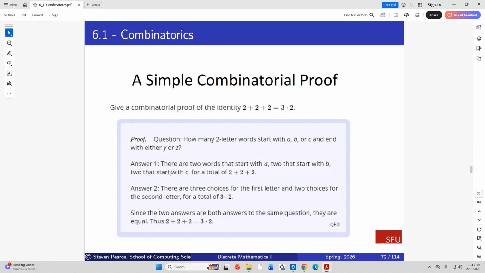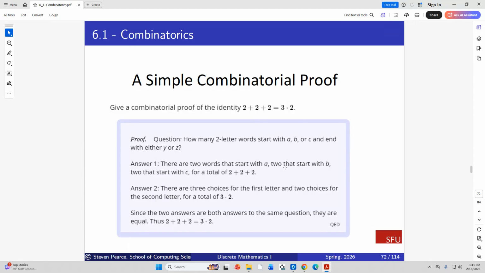Answer, there are two words that start with A, two that start with B, two that start with C for a total of 2 plus 2 plus 2. Answer 2, there are three choices for the first letter, two choices for the second letter for a total of 3 times 2. So that is showing how you can count this side to be equal to counting this side with a different technique.